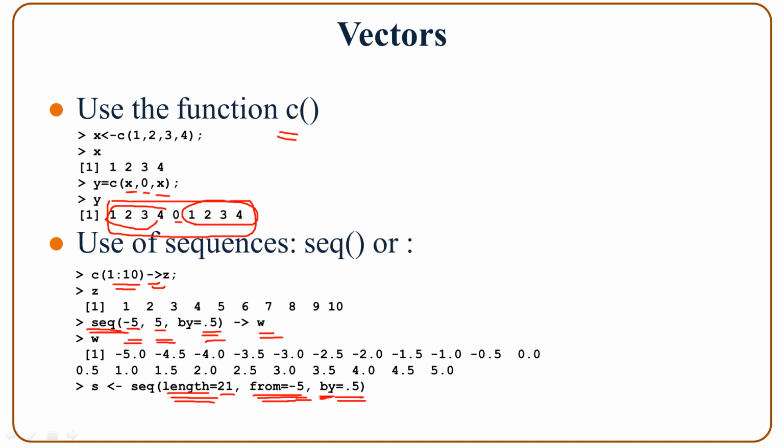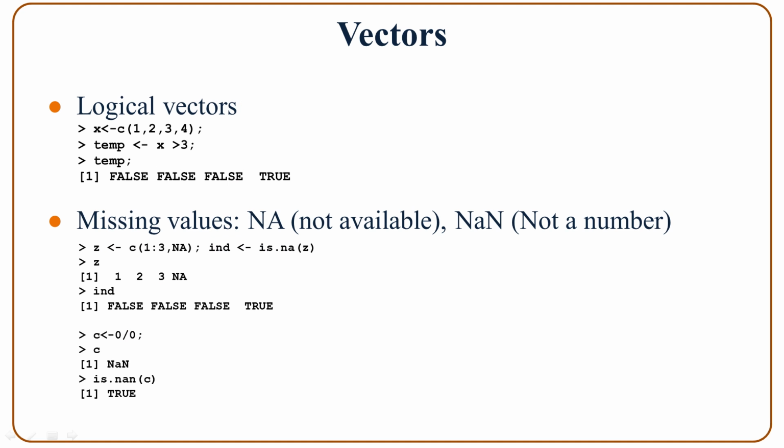We also talked about logical vectors, and actually the result of logical operators is a logical vector with false and true values like this. There are special values in R, which are NA, meaning not available, and NaN, which is not a number.